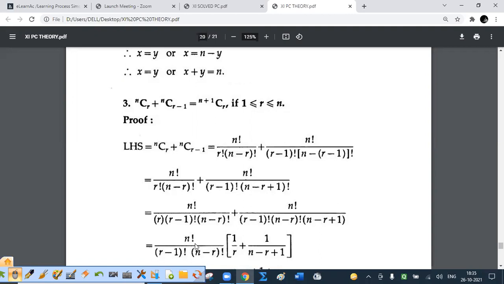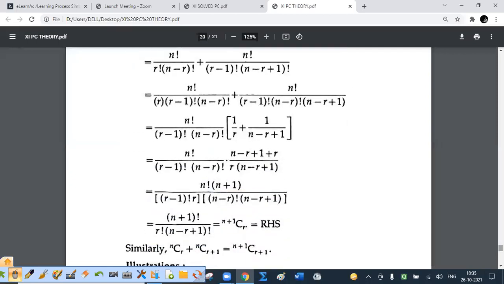Now you will notice that this can be taken common because both these terms contain this part. So when this is taken common, what remains in the bracket is 1 upon r plus 1 upon (n minus r plus 1). Now rearrange the terms by finding the LCM and so on. So what remains is this: n factorial into (n plus 1).